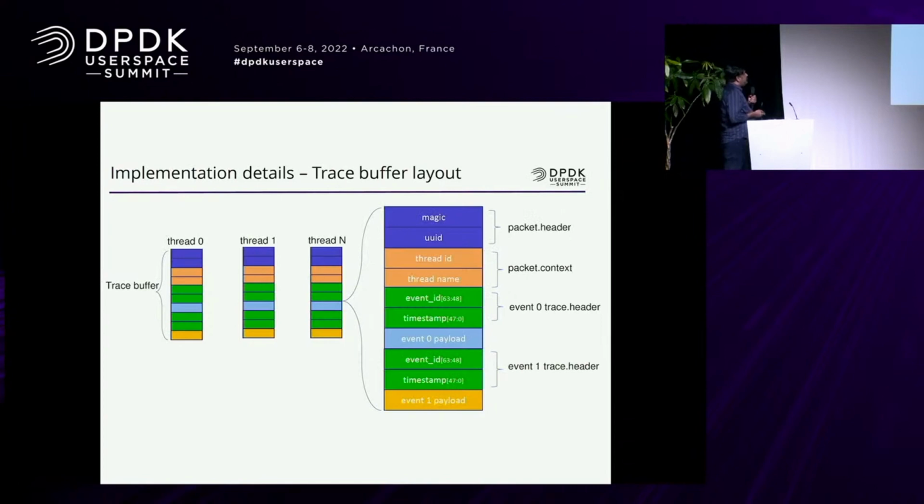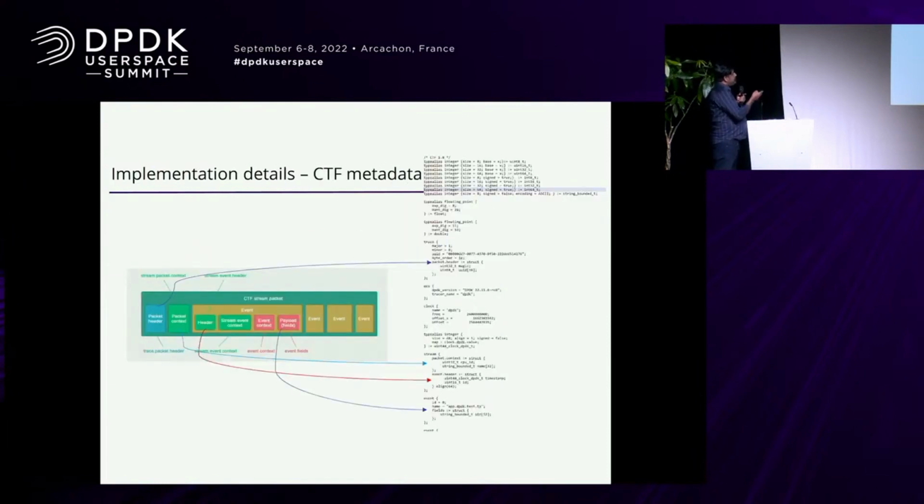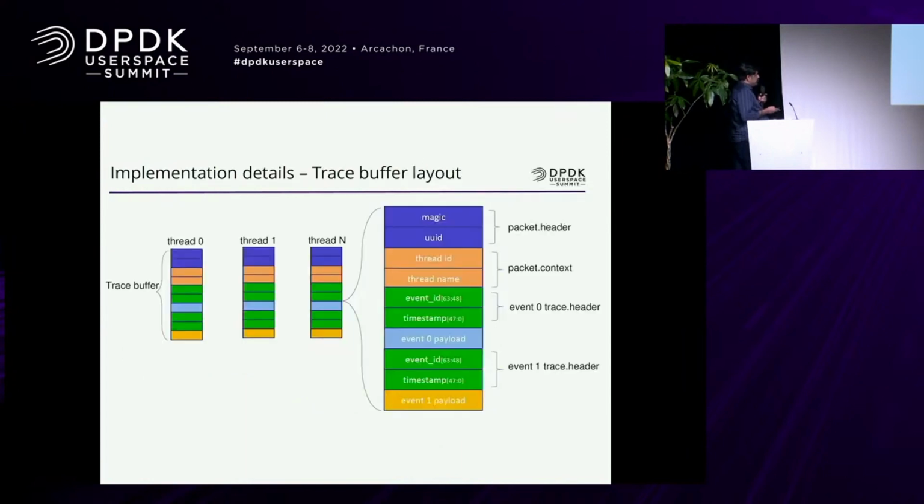And so finally, I just want to give high-level notes on what the trace buffer memory layout is, which is based on this layout, exclusively created for DPDK to have very little overhead. First, there will be n number of trace buffers per thread so that there are no locking requirements.